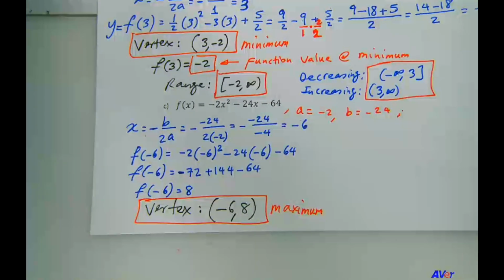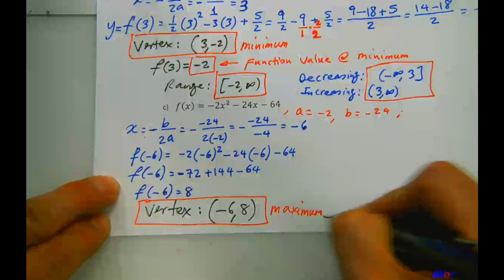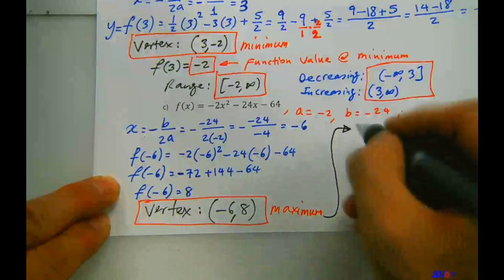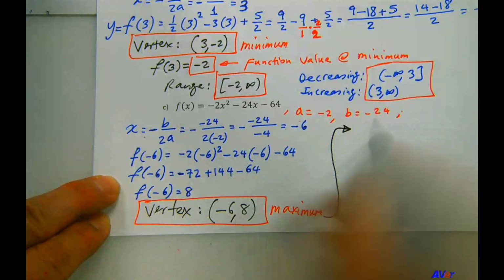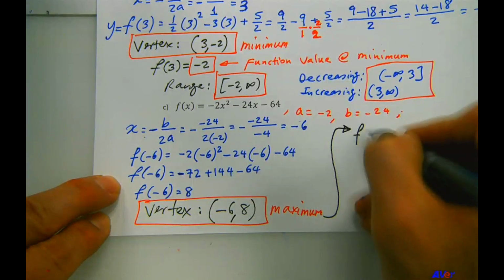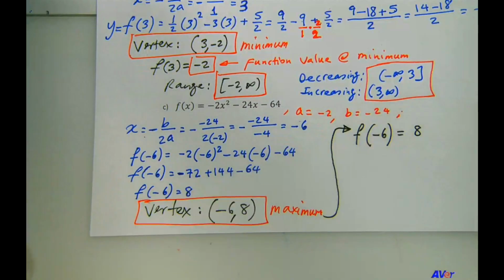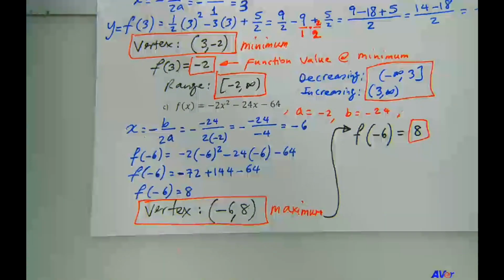Okay? All right. Next, they ask us to give the value of the function at the minimum. So the value of the function at negative 6 is equal to 8. Sorry, maximum. I meant maximum, not minimum.